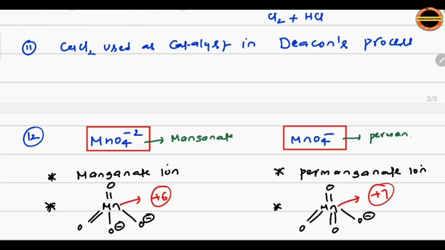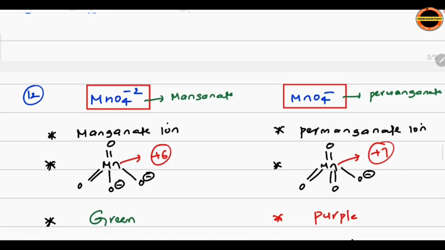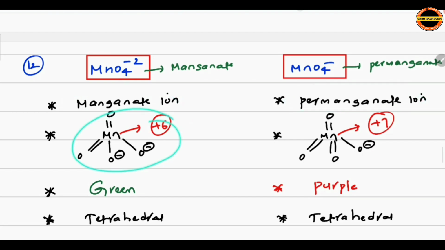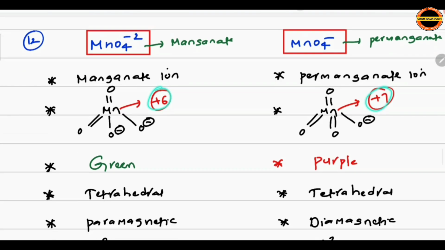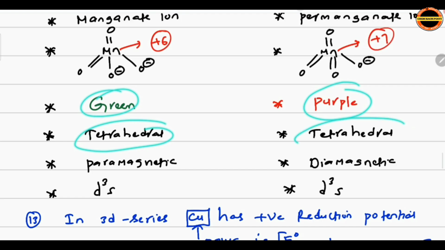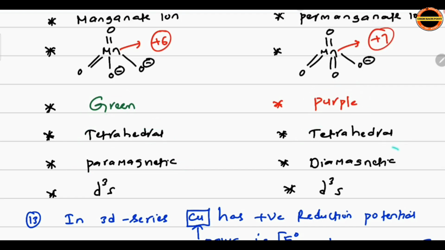Manganate ion and permanganate ion both have a tetrahedral structure. The manganese charge is +6 in manganate and +7 in permanganate. Green in color, purple in color. Tetrahedral, tetrahedral. Manganate is paramagnetic in nature, meaning unpaired electrons are present in it. Permanganate is diamagnetic, with no unpaired electron. Both have d3s hybridization.